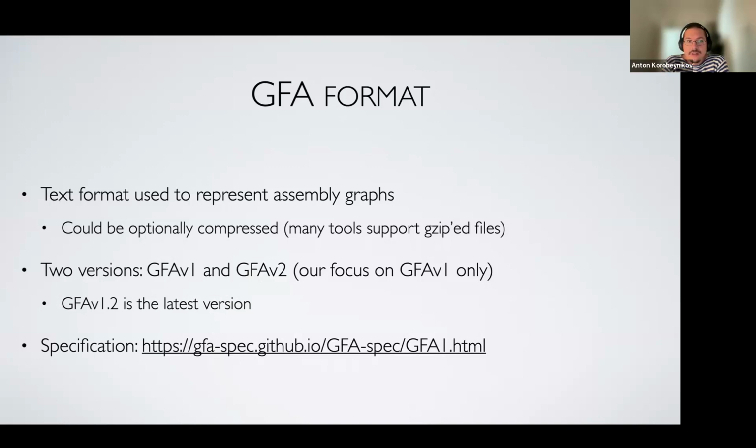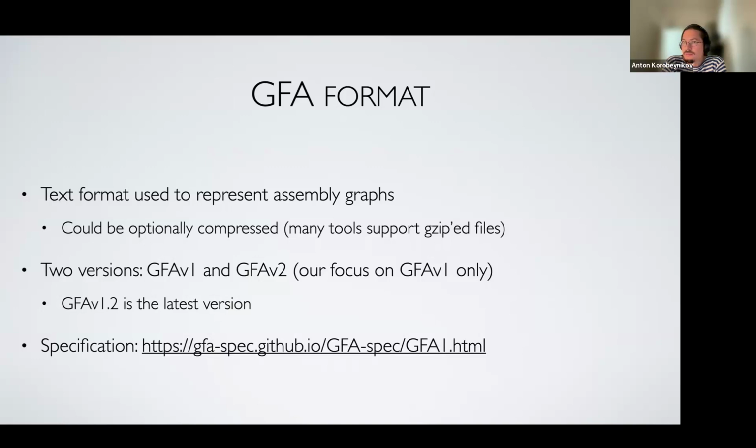There are two versions here, version 1 and version 2. They were designed with different aims in mind. I would say version 1 is more assembly-centric, and V2 is maybe more pangenome-centric. And our focus is V1 only. Currently, the latest version is version 1.2.